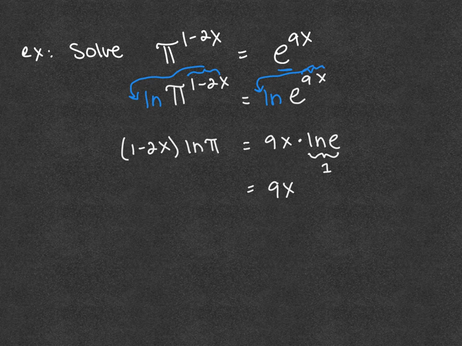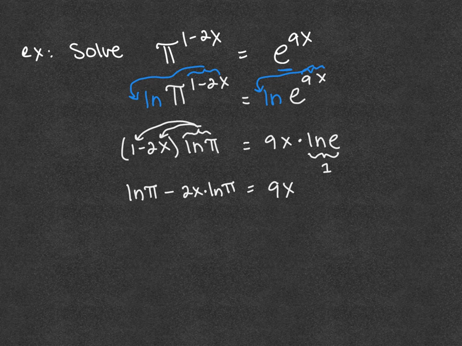On the left-hand side, I'm going to go ahead and distribute the natural log of pi through these parentheses. So the natural log of pi times 1 is just the natural log of pi, minus the natural log of pi times 2x becomes 2x times the natural log of pi. Not really a whole lot we can do to simplify that.